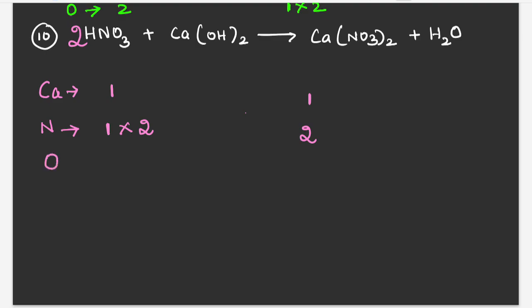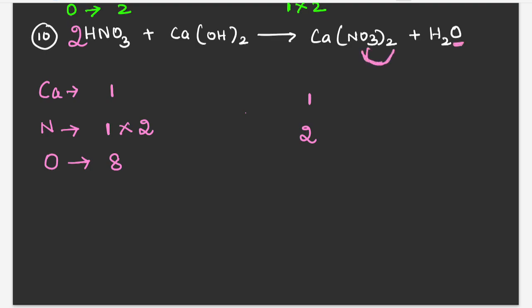So next oxygen, on this LHS side, you check how many are there. So here you can see 2 3s are 6, 6 plus 2 is 8. So 8 oxygen atoms are present. And on the other side we will check. So here we have 3 2s are 6, 6 plus 1, 7.